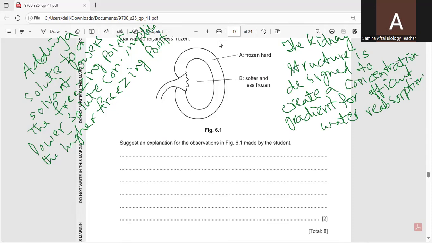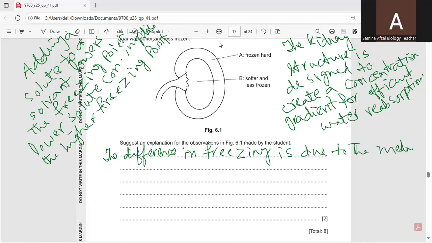So I would like to write now the answer. After this, the difference in freezing is due to the medulla.